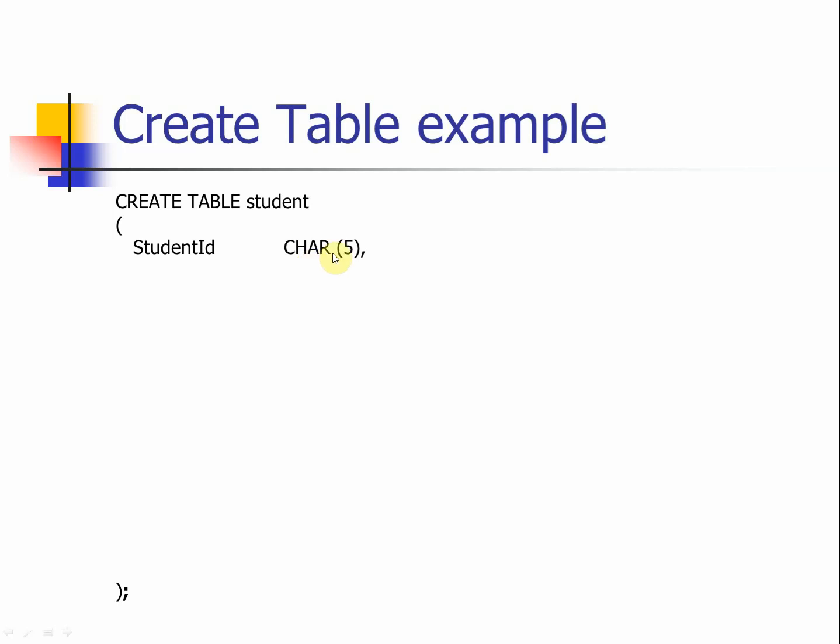I have some slides to talk about more details regarding the data type following this slide. You end this column or attribute creation with a comma, indicating that is one attribute I want to create, providing the name, the data type, and the size of the data type in the declaration.